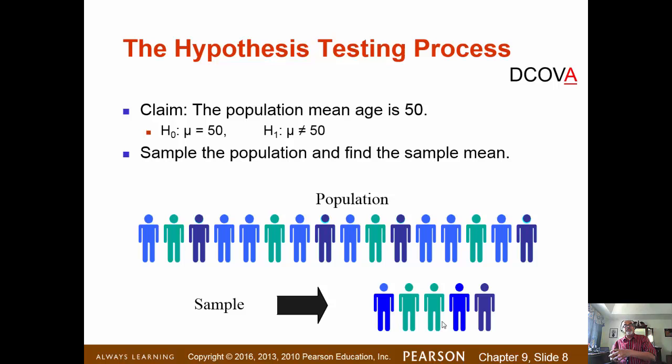If that 25 is far enough, you have to mathematically show the probability that if the population mean is 50, a sample will have a mean of 25. And if that is near impossible, then you can say such a sample is near impossible, so the problem is with your claim, and I'm going to reject that claim.